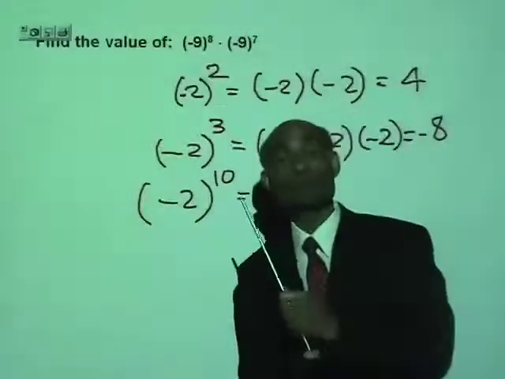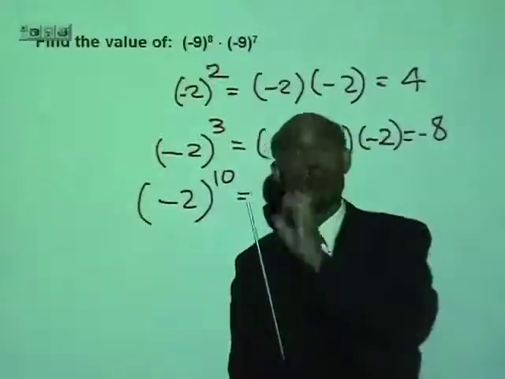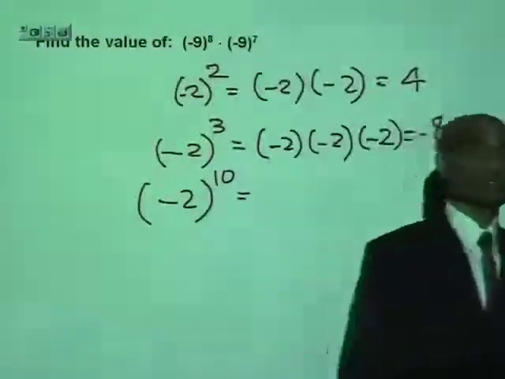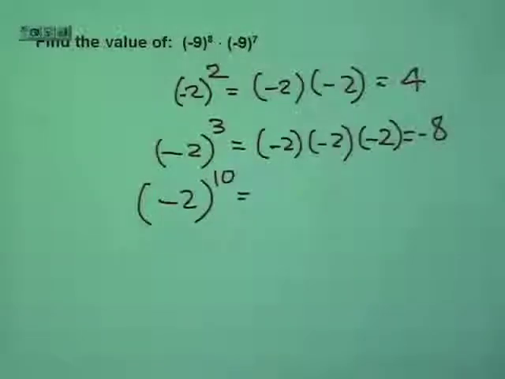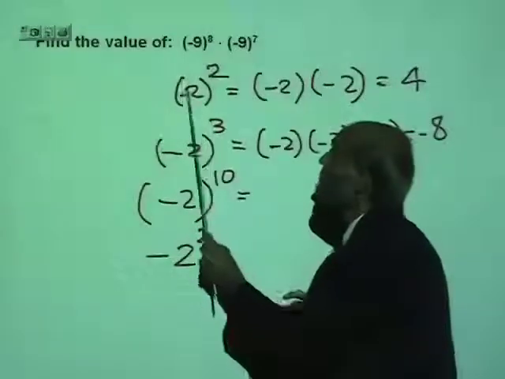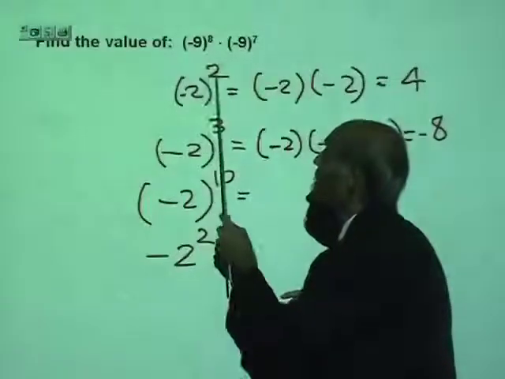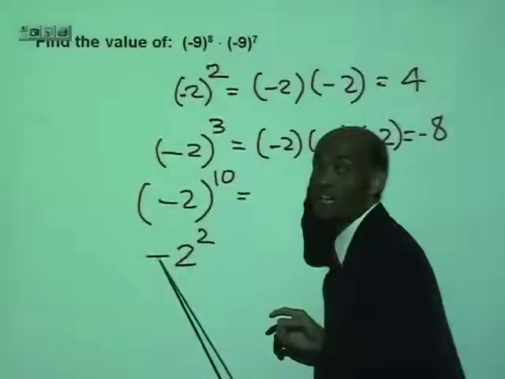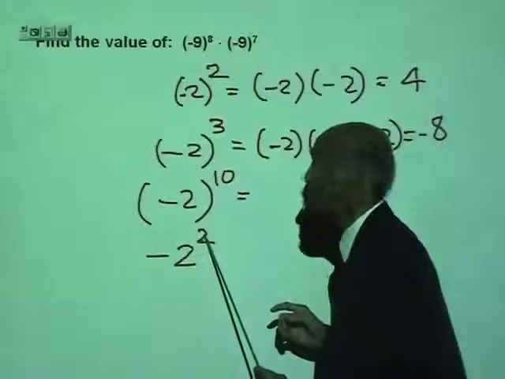Okay, I want you to answer one more question before I start doing this. And that is, watch this. What is negative 2 to the power of 2? I want you to distinguish between this, negative 2 raised to the power of 2, and negative 2 raised to the power of 2.